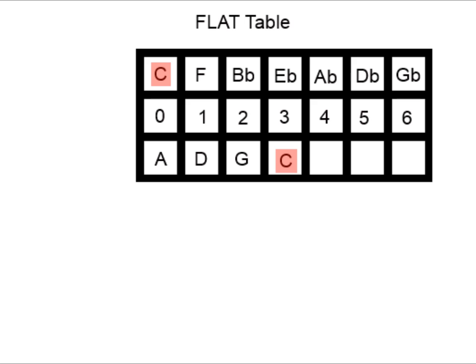Then just copy everything that follows the C, so the next 3 boxes will contain F, B flat and E flat. And of course you can use your flat table in exactly the same way as the sharp table to find out how many flats there are in a key or what the relative major or minors are.